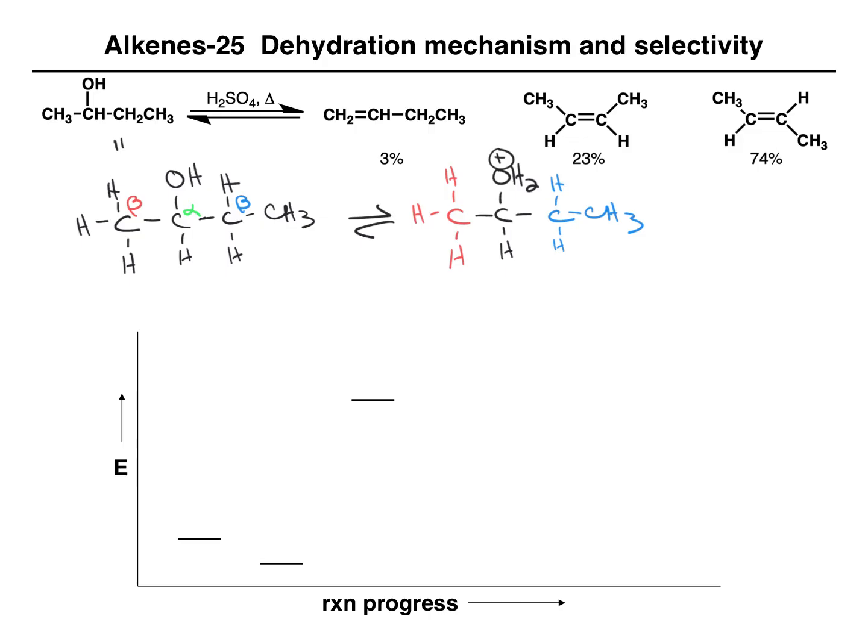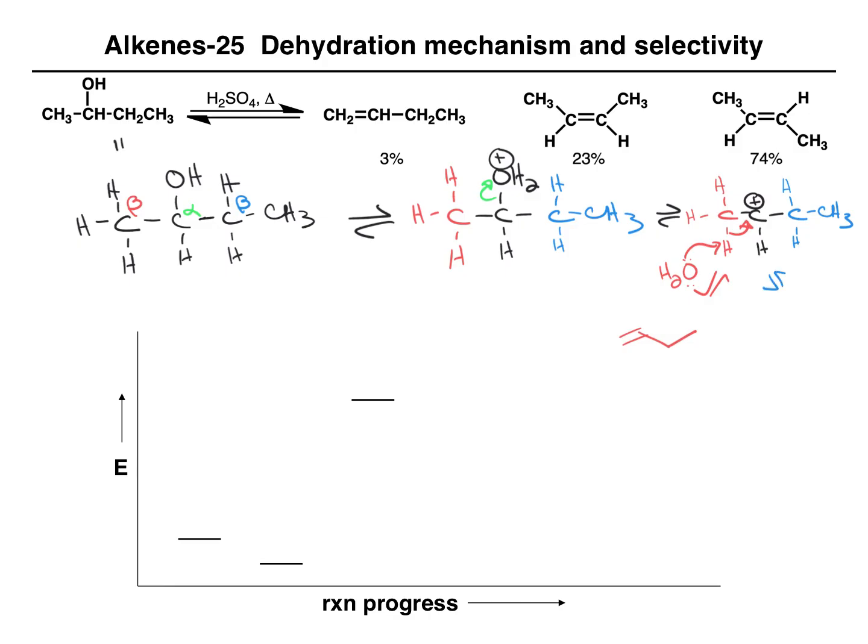And next, when water leaves, we are going to get this carbocation. Now, if water grabs off a proton from our red group, then these electrons will fold in here to form the double bond, and that is going to give us the first product.